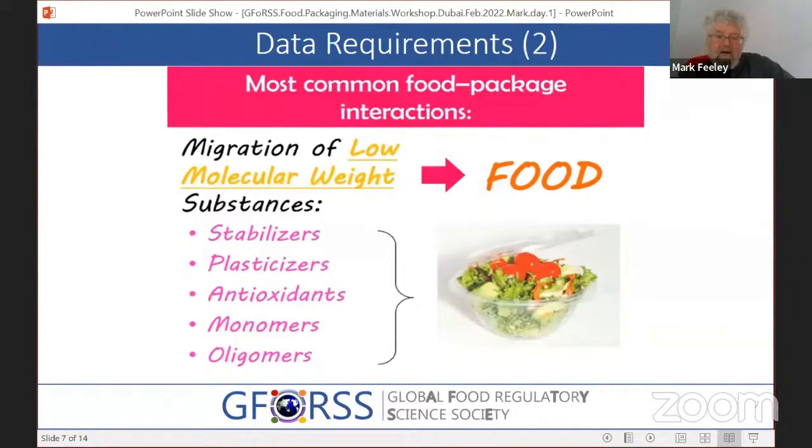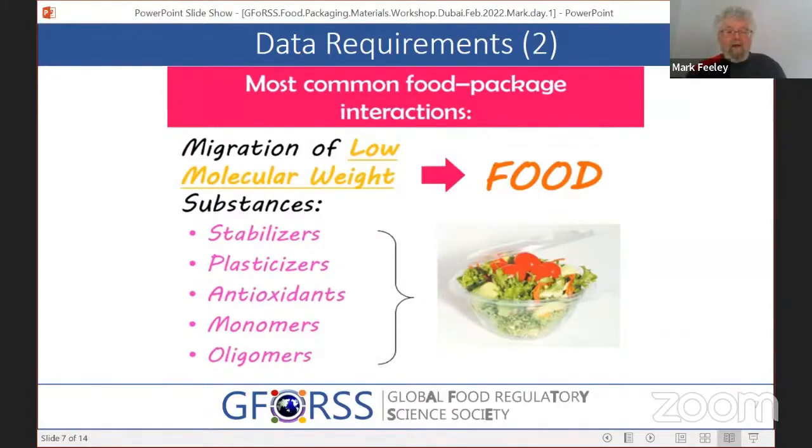Typically, when you're talking about non-intentionally added substances, or NIAS, as previously mentioned, these were specific to monomers or oligomers that were involved in the production of the plastic material, but also specific chemicals being added only for the purpose of the packaging material itself, either to prolong its longevity or to add to its resiliency or some other factor, possibly increasing the stability or usefulness of the packaging material.